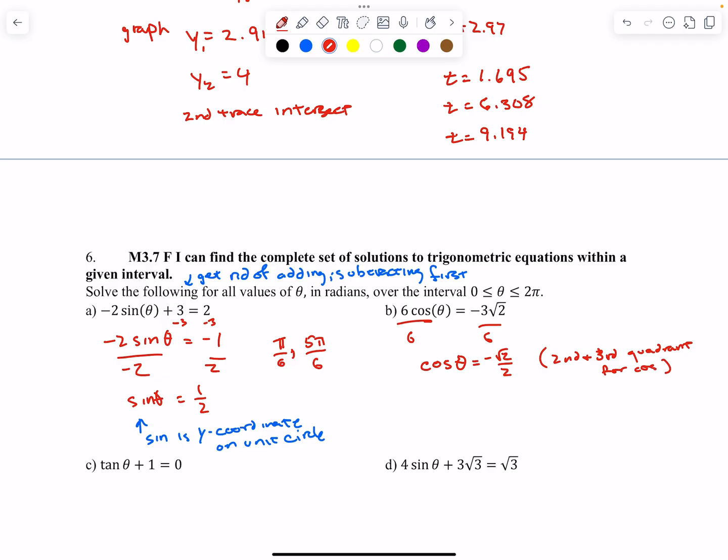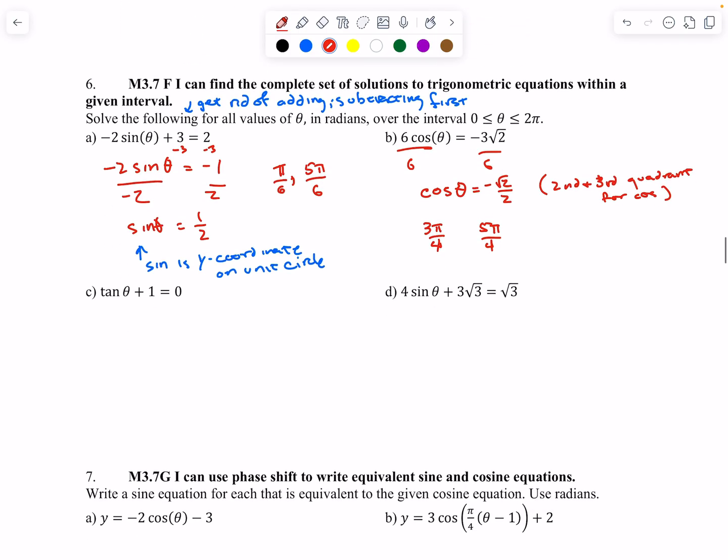So the second quadrant version of pi over 4, 45 degrees, is 3 pi over 4. And then the third quadrant version is 5 pi over 4.